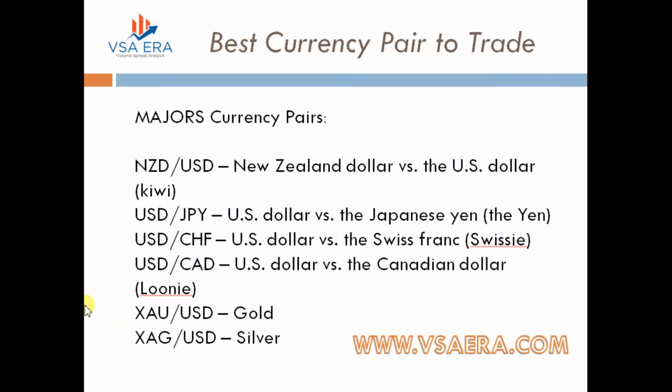XAU/USD, this pair is used by brokers with the same name XAU/USD. It is for gold, and XAG/USD is for silver. These are actually major currency pairs.